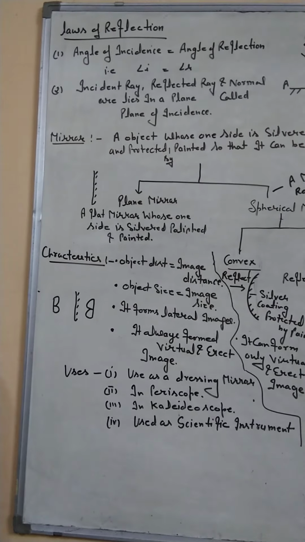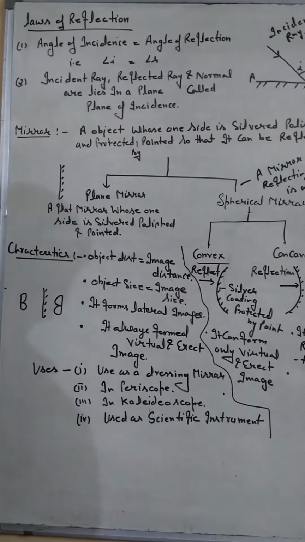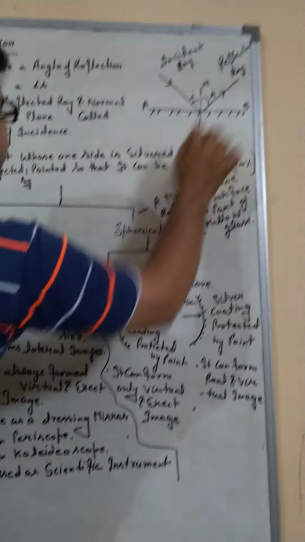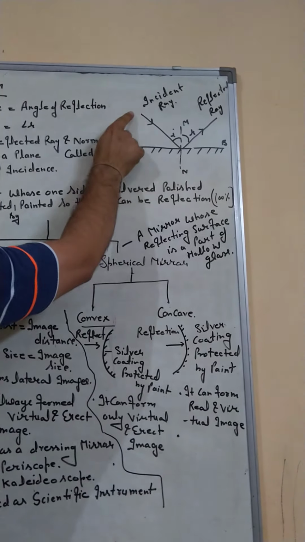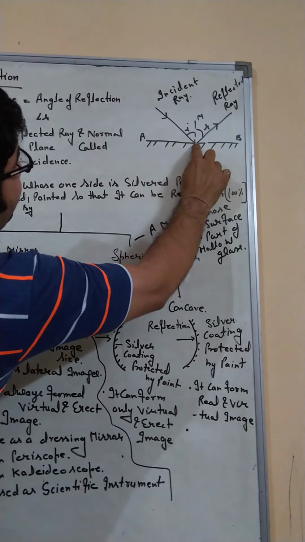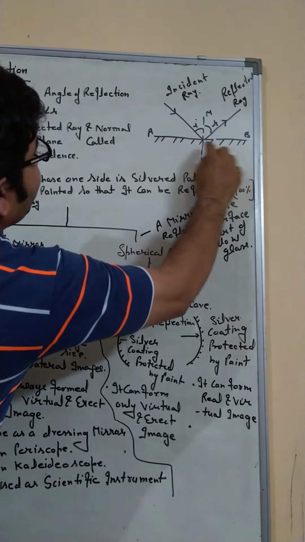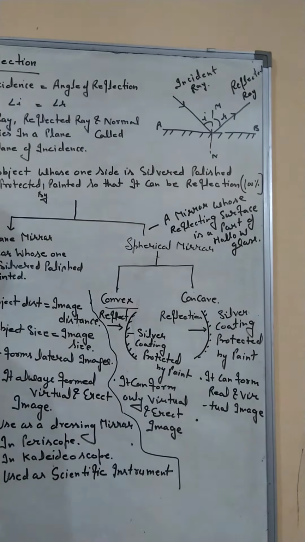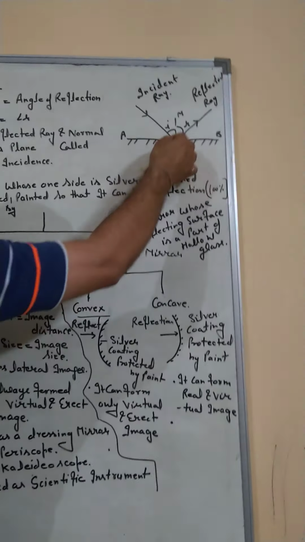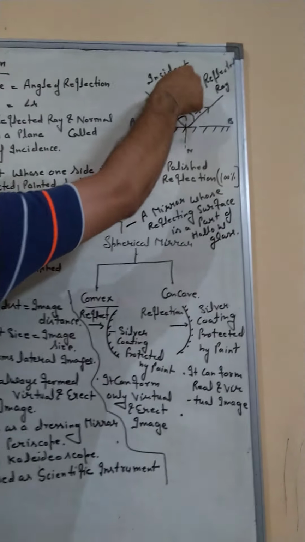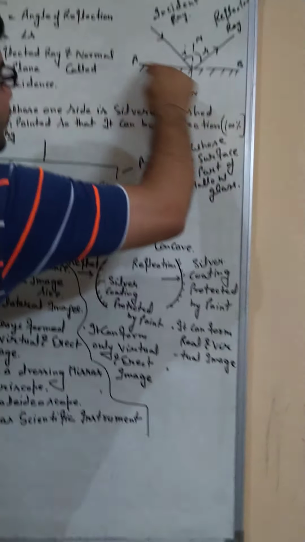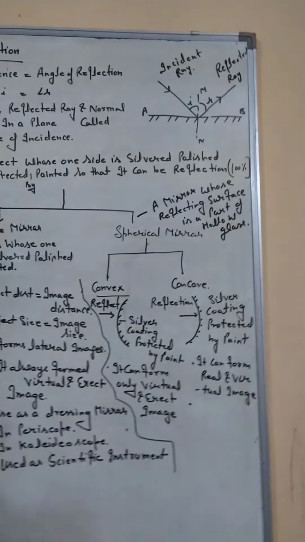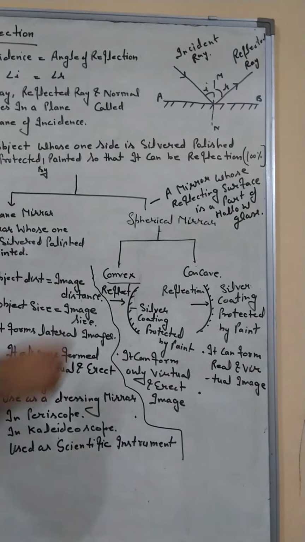Before understanding the law of reflection, let us take a mirror. So this is a plane mirror and this is the light that falls on a point of that mirror. That point we already know is called the point of incidence, and at the same point if we draw a normal, a line that is always perpendicular to each and every point of the mirror is called a normal.